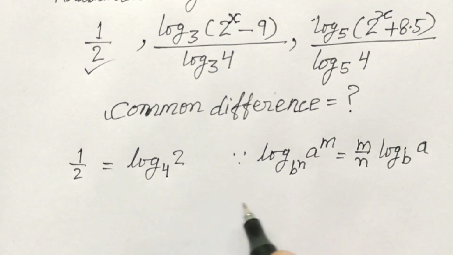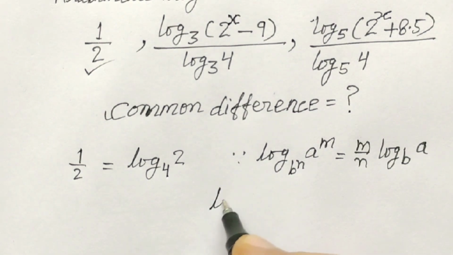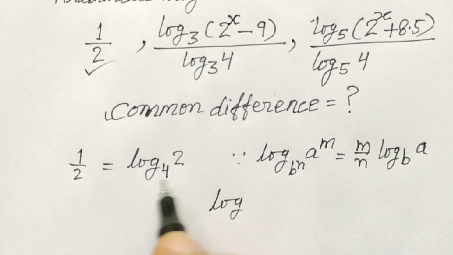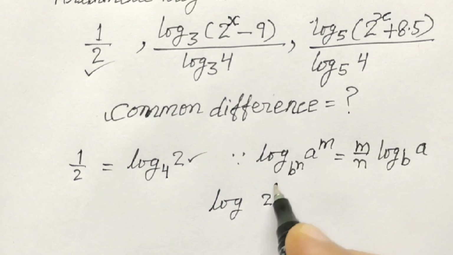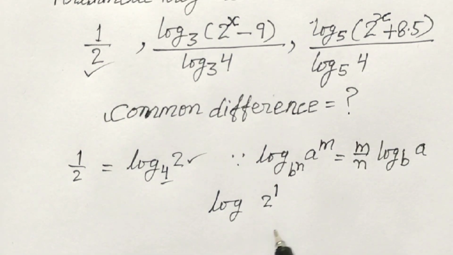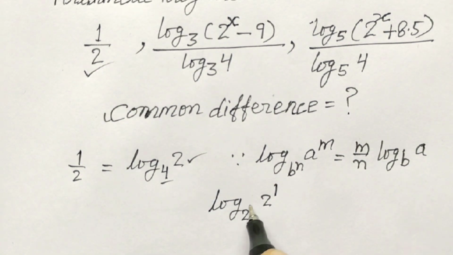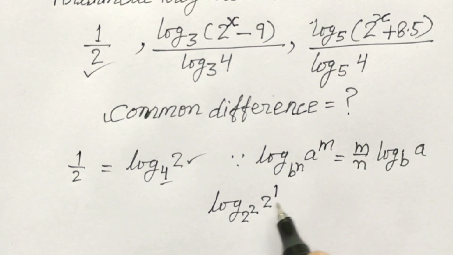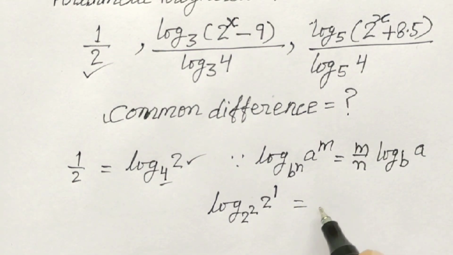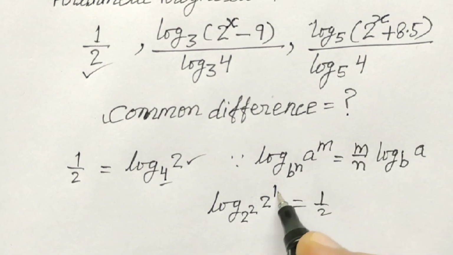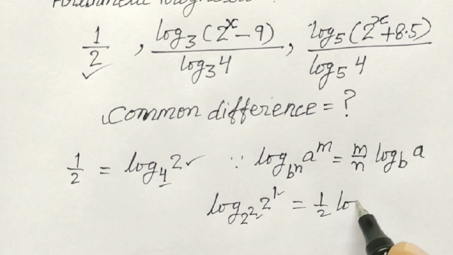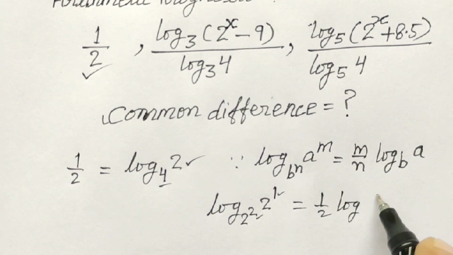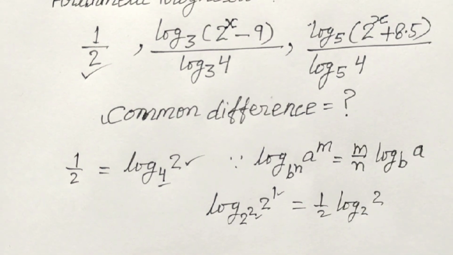Here 2 to the power 1 and 4 can be written as 2 square, so this will be half times log of 2 to the base 2.